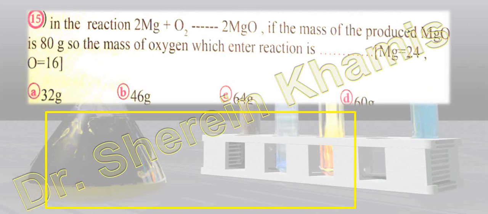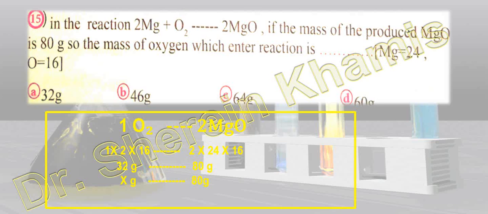We will make the calculation. 1 mole of oxygen produces 2 moles of magnesium oxide. 1 mole of oxygen is 32 gram and 2 moles of magnesium oxide is 80 gram.